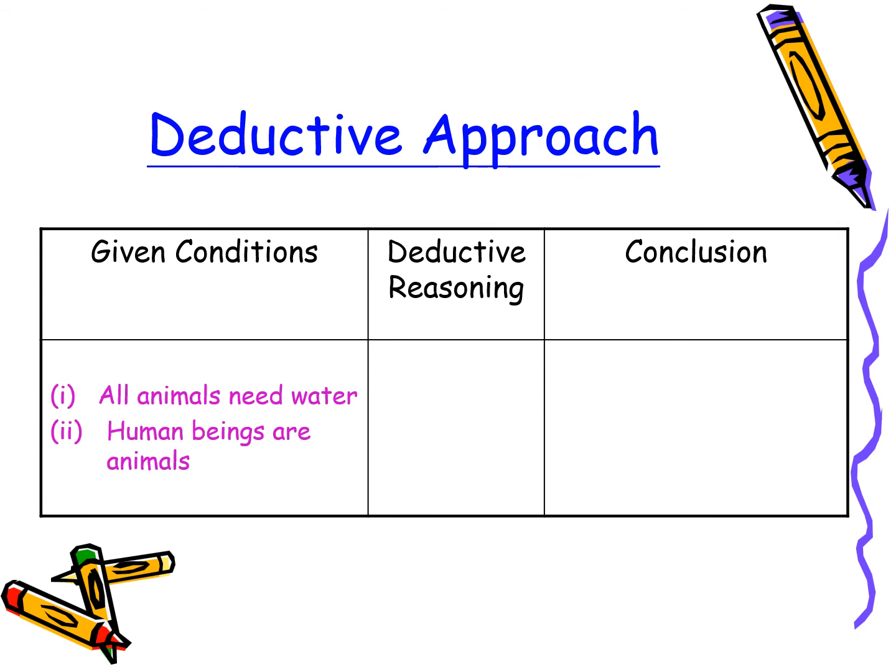Here are some examples. You are given some conditions, 條件. You have 1. All animals need water. 2. Human beings are animals. By logical and deductive reasoning, what conclusion can you draw here? You can conclude human beings need water.